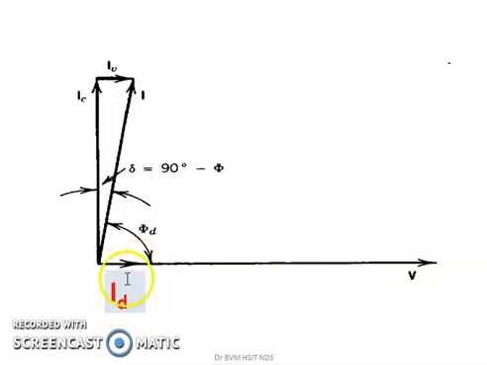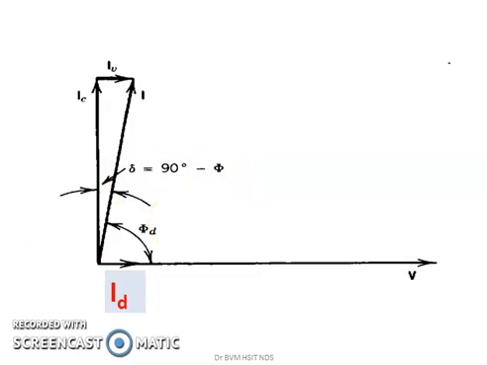The resultant of IC and ID is the current I, which leads the applied voltage by an angle phi d, less than 90 degrees. We have the angle delta, where delta is 90 minus phi d.